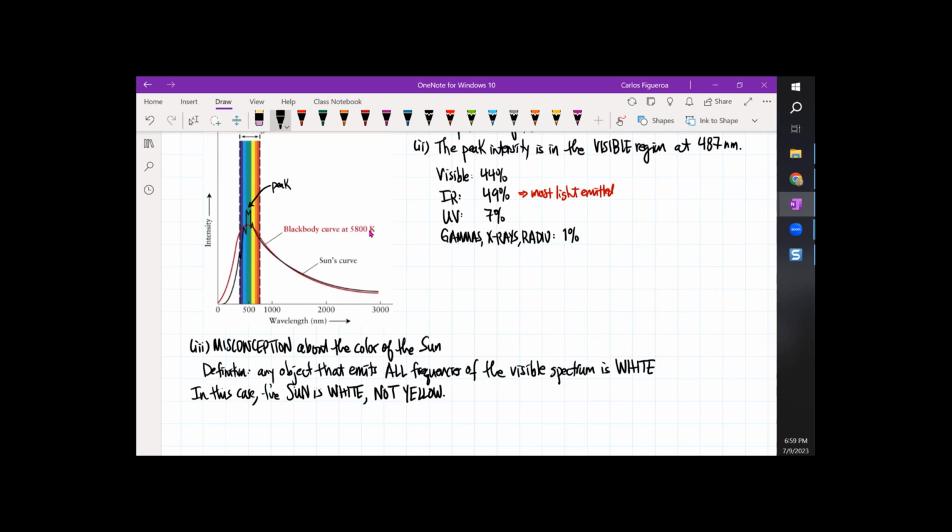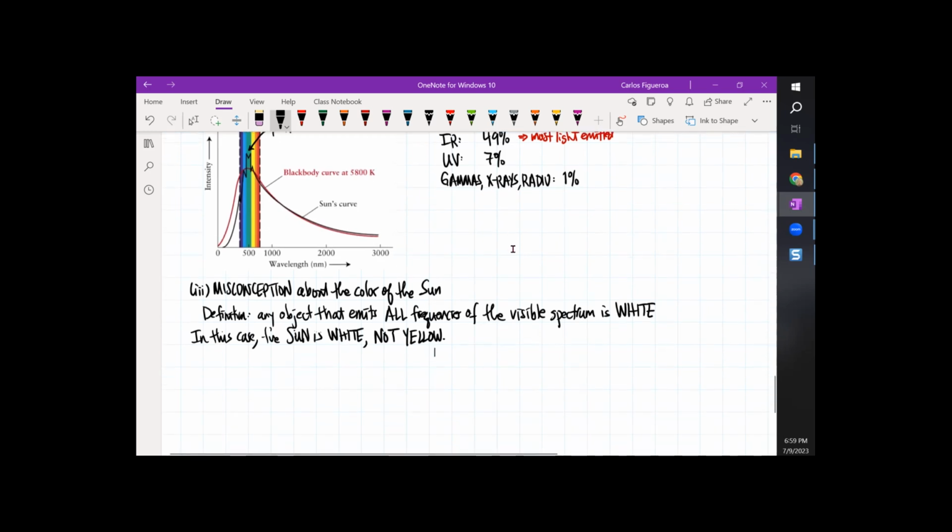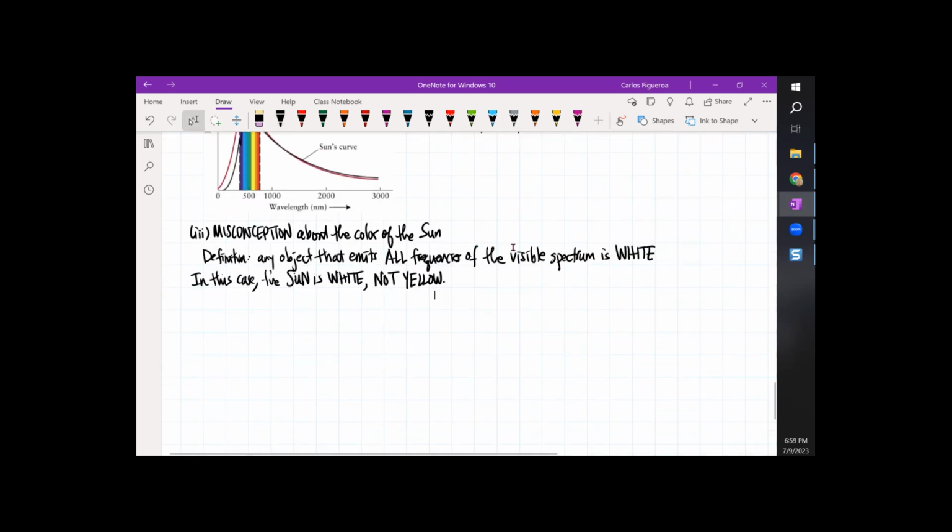On a clear day, look at the sun. You'll see that it's white. It's not yellow. And the reason why it's sometimes perceived as yellow, orange, or red is because of the atmosphere. So let's be a little bit more careful here.